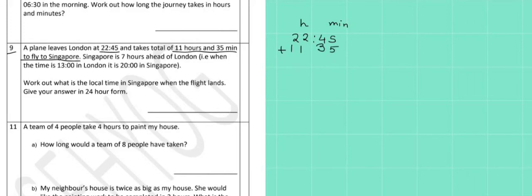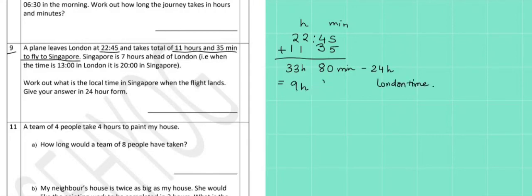So adding 11 hours and 35 minutes to the leaving time, we are getting 33 hours and 80 minutes. So 33 hours 80 minutes.